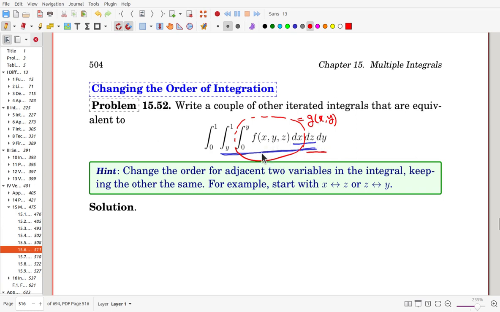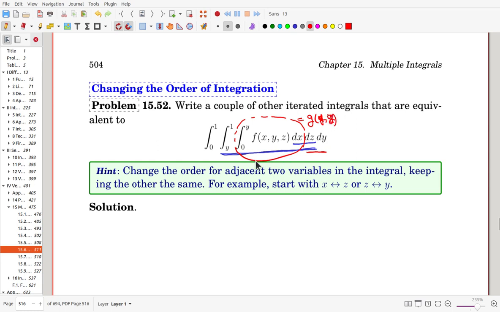So once we fix this one, then we can change the order between z and y, because it is a function of y and z after the x integration. I'm sorry, this is a function of y and z.